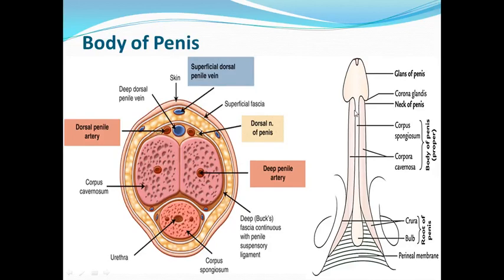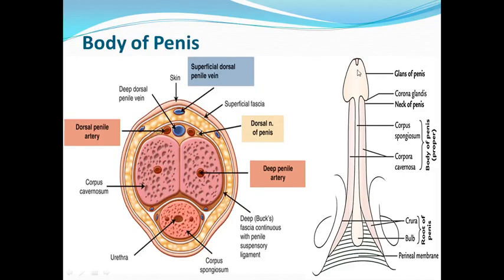It enlarges in a conical shape and forms the glans penis. Throughout the length of the corpus spongiosum, the urethra pierces from the base of the bulb of the penis, traverses the length of the corpus spongiosum, and opens at the urethral orifice at the glans penis.